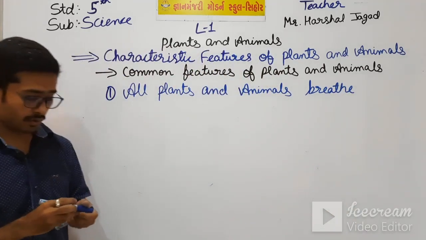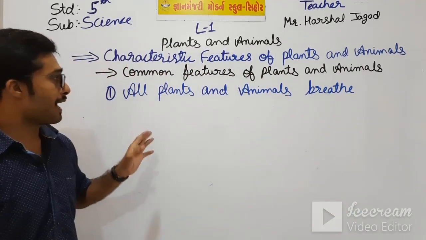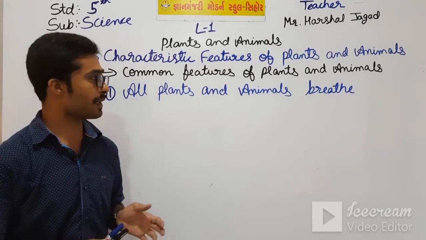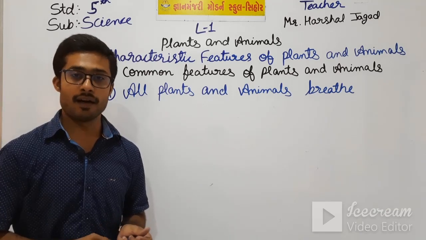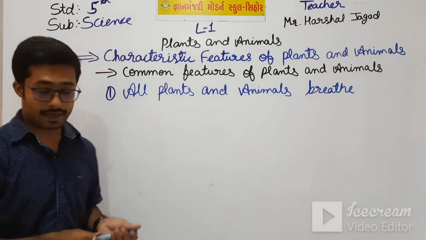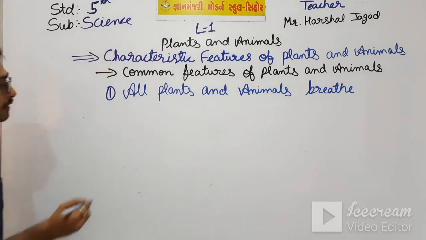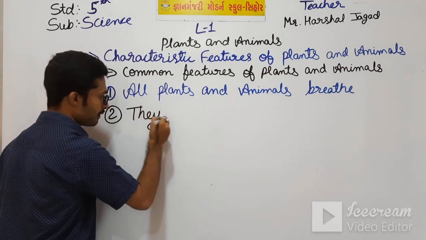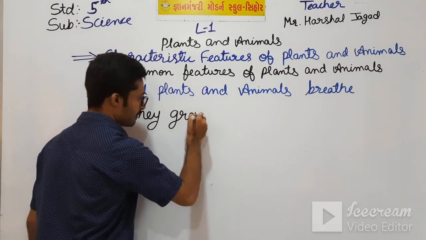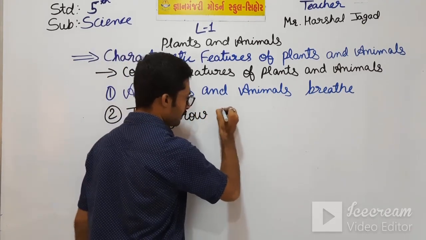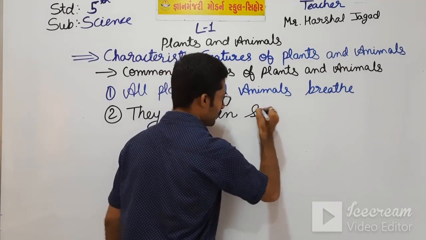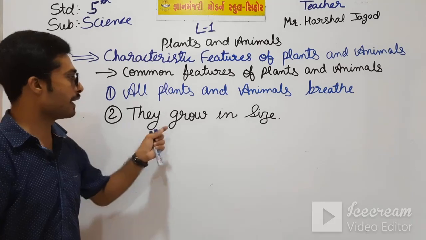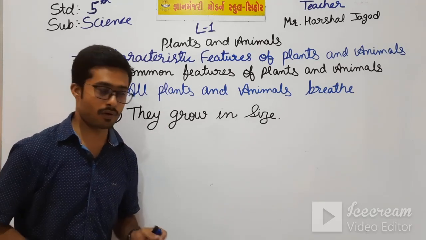Okay, so we all know the plants and animals breathe, including humans. If they can't breathe, they can't live on earth. Okay, the second feature is they grow in size, as humans also grow.